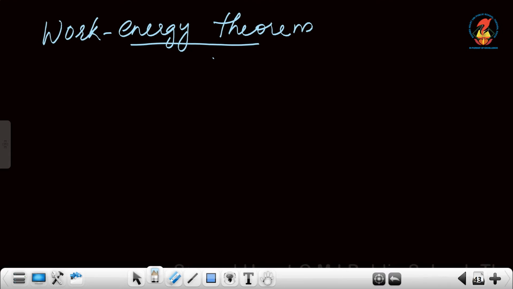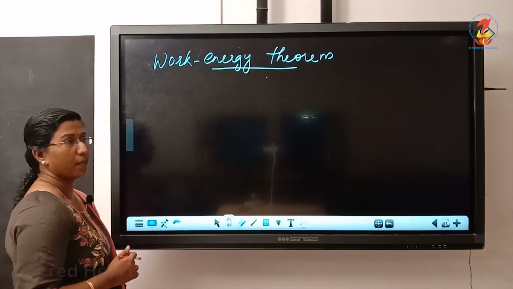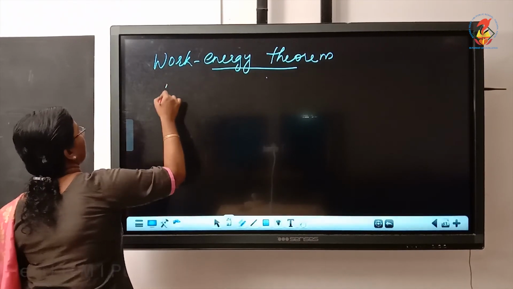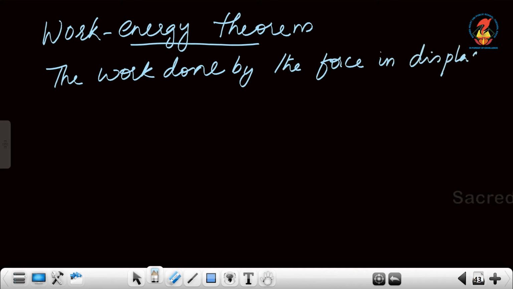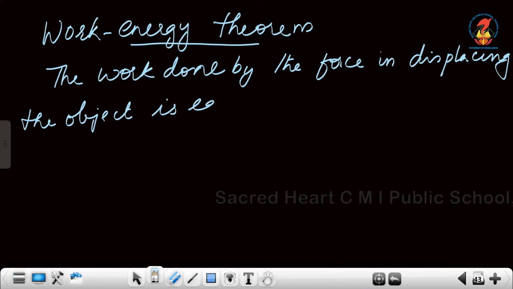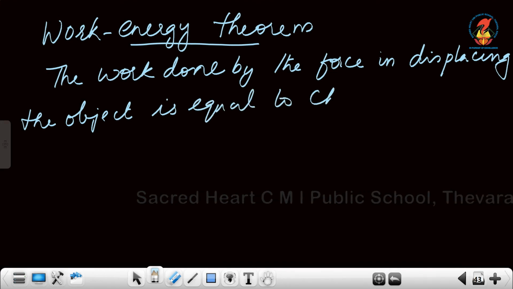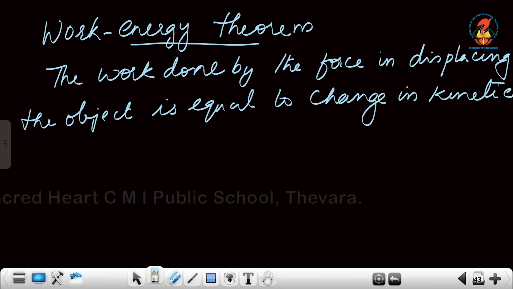Now the theorem states that the total work done by the force on a body, in displacing or moving the object, is equal to the change in kinetic energy.